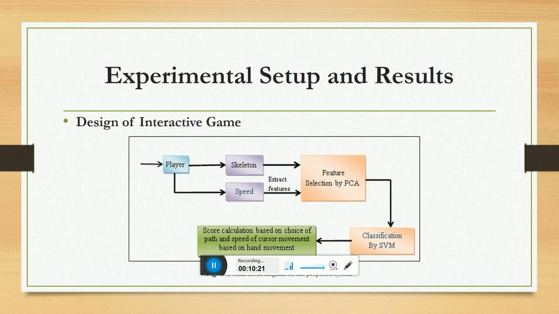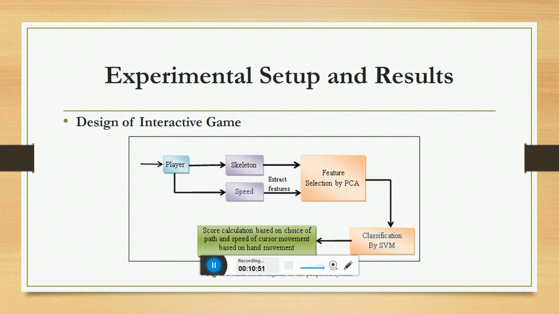Now the design of our interactive game. At first, the player plays the game. The skeleton is extracted from the body joints, and some features in terms of distance and angle between those body joints are extracted by the Kinect sensor, and speed is extracted by the accelerometer.